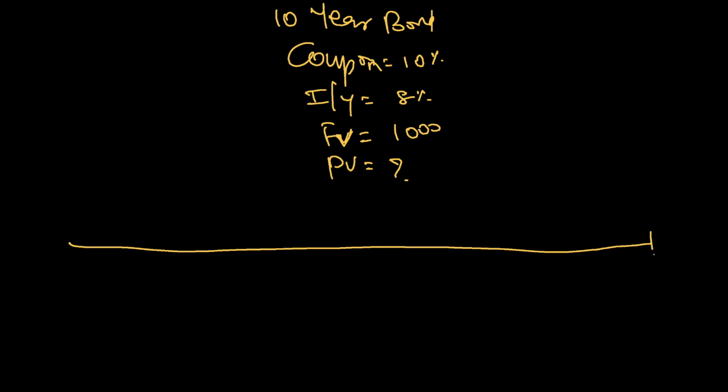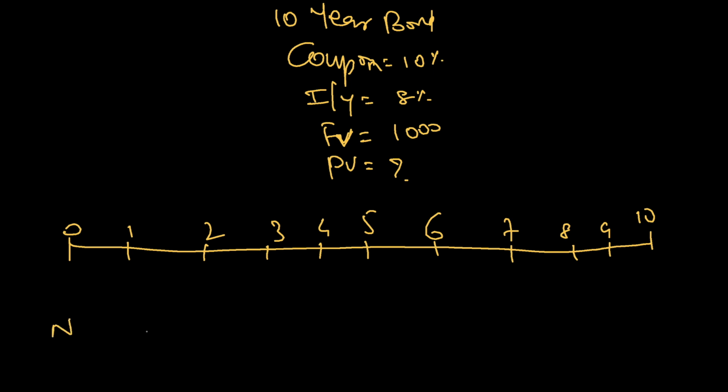So I'll draw the timeline first, 0 to 10 years. So 1, 2, 3, 4, 5, 6, 7, 8, 9, 10. So what will be the present value of this bond? So using the BA II Plus Texas calculator, I'll find out now.